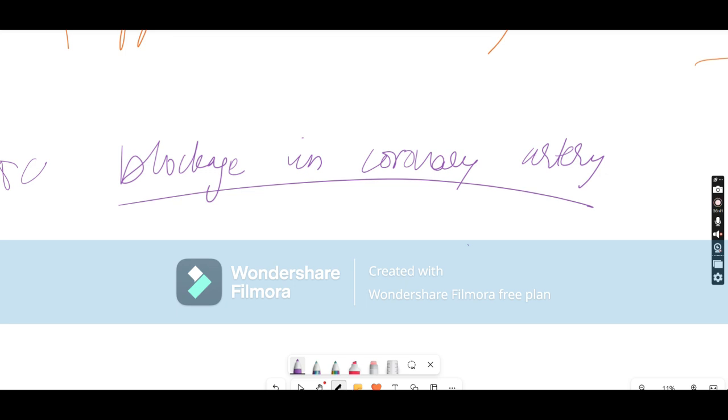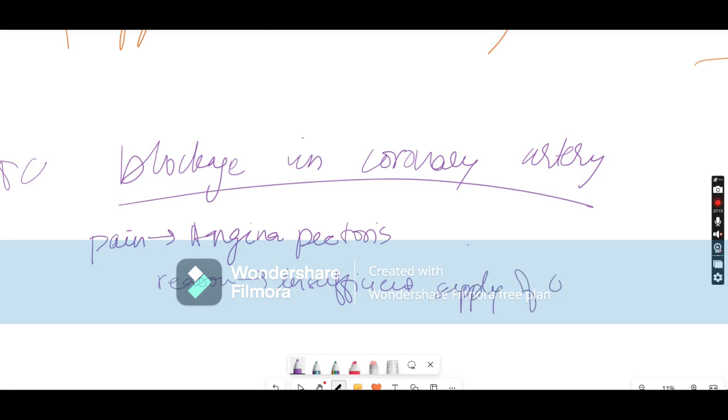Now, due to this blockage, because the heart is not receiving sufficient oxygen, we may experience a pain which is known as angina pectoris. Okay, now the reason is insufficient supply of oxygen to the heart.